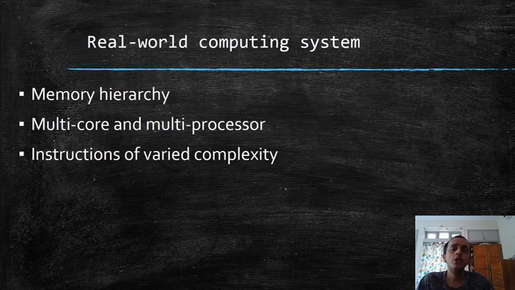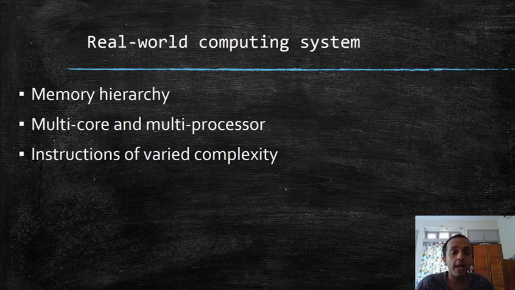Now let's look at the real world electronic digital computers that we have. Which are some of the important aspects that we see? First, we notice that real world computers have a memory hierarchy. You would have your secondary storage, which is typically a hard disk.